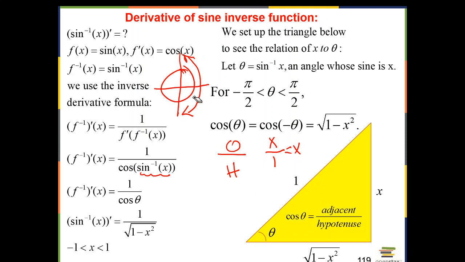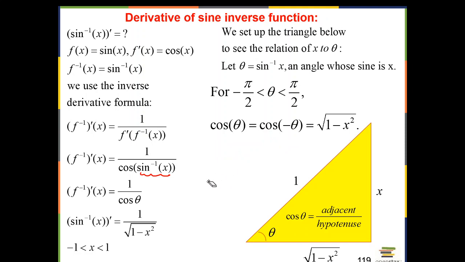Cosine is not negative here, right? Anywhere else, yes, cosine could be negative, but for sine inverse, the domain is restricted from negative pi over 2 to pi over 2. So in this restriction the cosine is positive, so we just substitute for cosine theta the square root of 1 minus x squared.